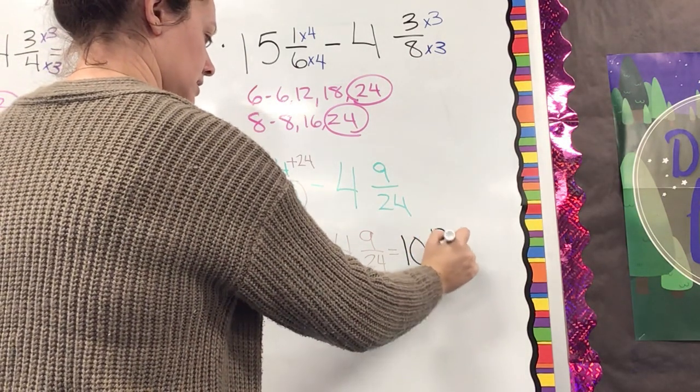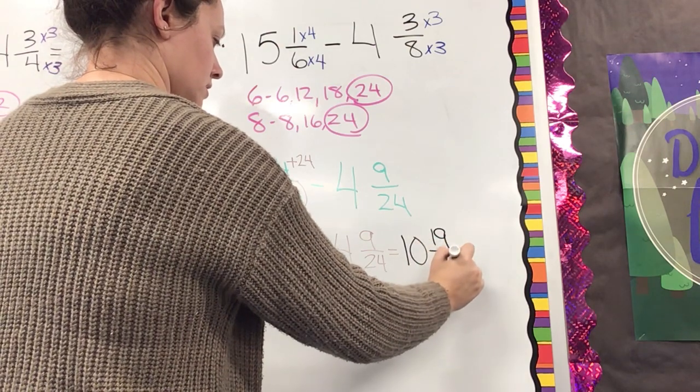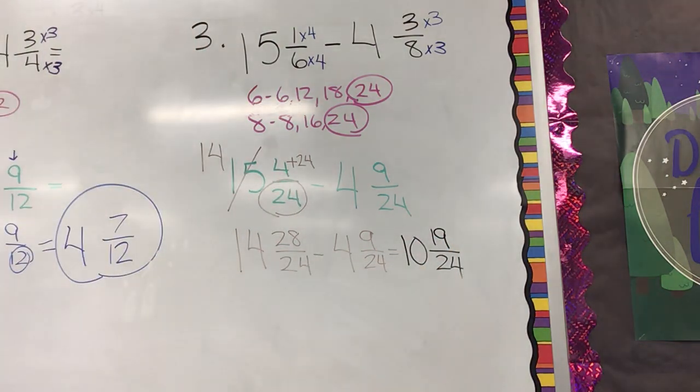I've got 19/24. Can I simplify that at all? No. So we are done. 10 and 19/24 there is our final answer.